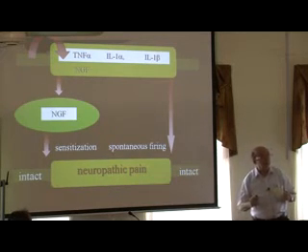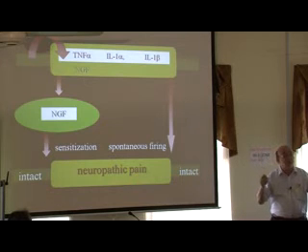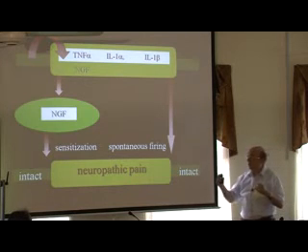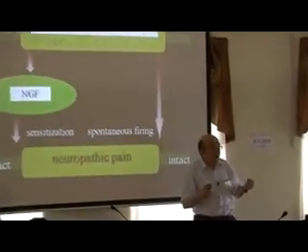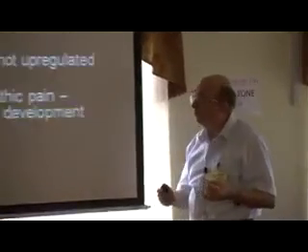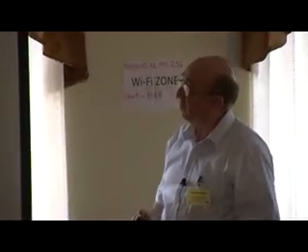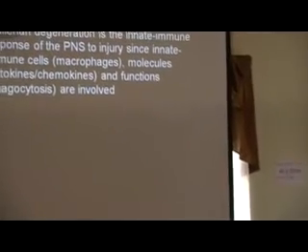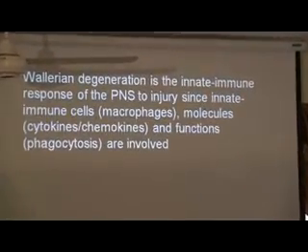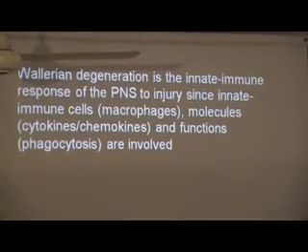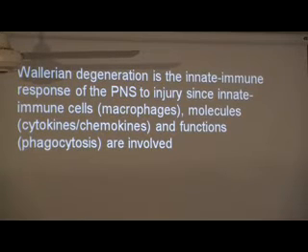So you can see that cytokines can help understand how various events that are associated with Wallerian degeneration are controlled. And that is what I just said. So I hope that I was able to provide you evidence that Wallerian degeneration is indeed the innate immune response of the PNS to injury, mostly since innate immune cells are involved in the process, macrophages.